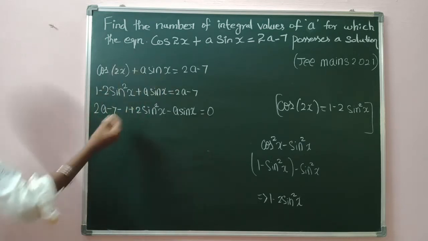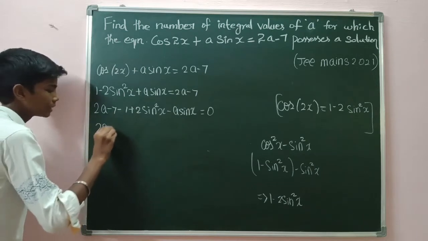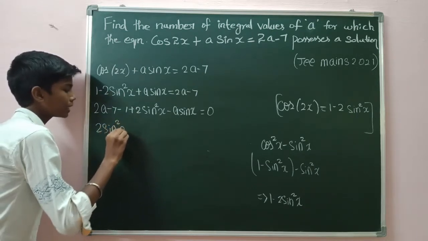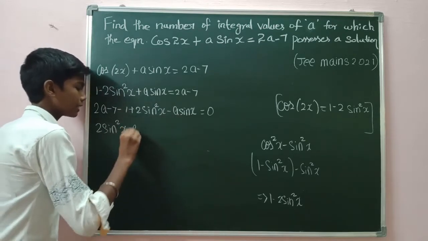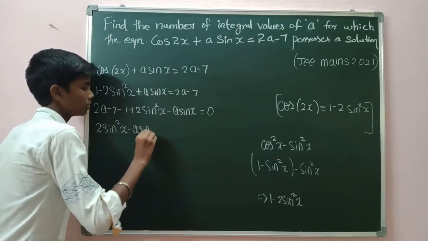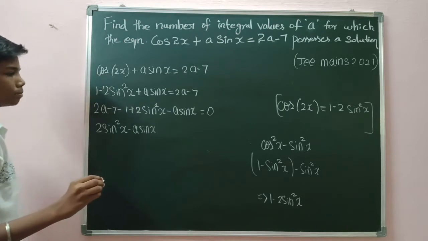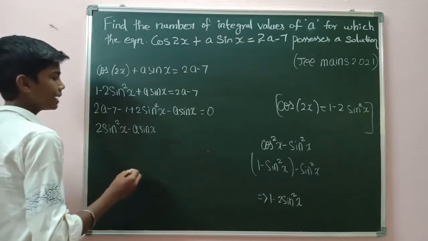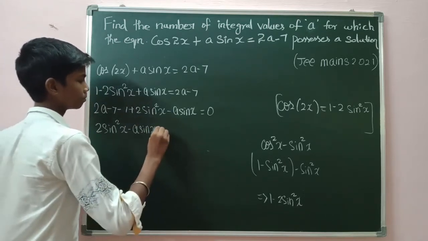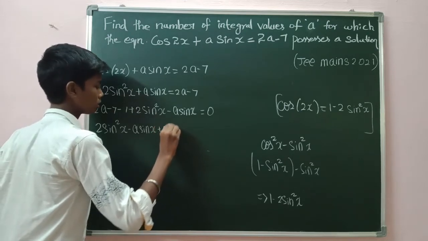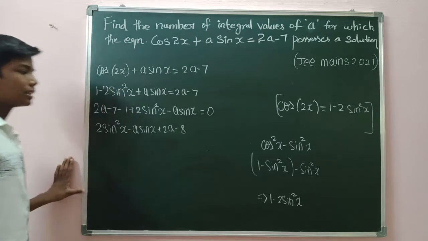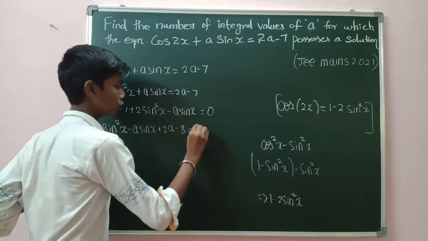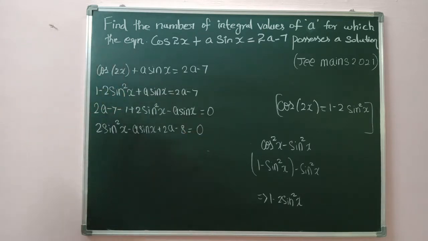Now I can write this equation in quadratic form: 2 sin² x - a sin x, and the thing left out is + 2a - 7 - 1, which is - 8. That is equal to 0, and this is the final form that we got now.